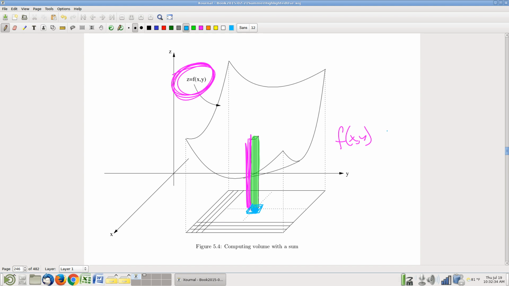We're going to have to figure out what to call that. For the moment, let me just call that area. And we're going to be adding up in some sense over all of the little subrectangles that we've chopped the domain into. Seemed like a reasonable strategy, right?